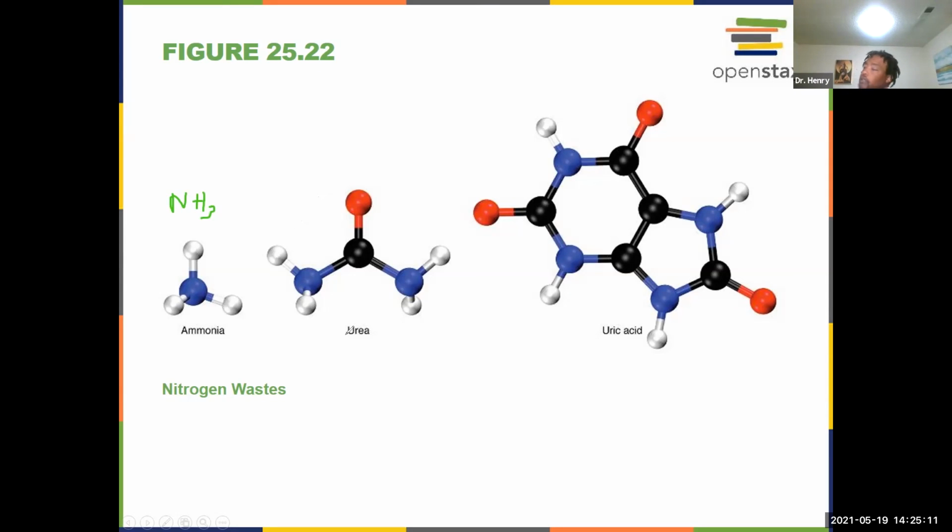This is the chemical structure for urea. Let's see, C, NH2. Okay. And then this is your chemical structure for uric acid.